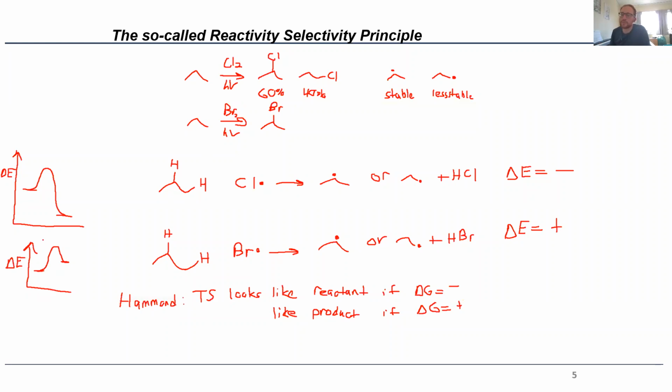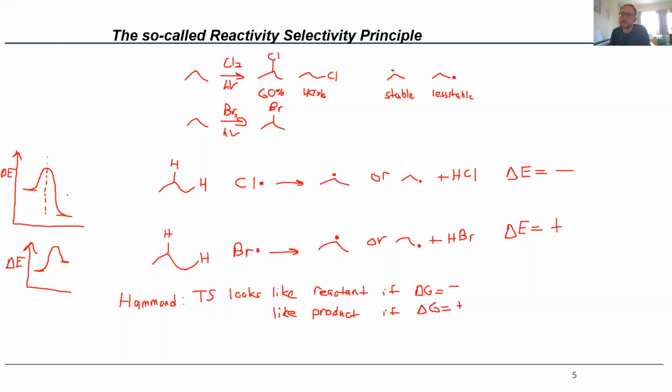When we draw transition states like this, we normally draw the transition state right in between the starting material and product, but in reality, according to the Hammond postulate, it actually lies somewhere in between them and not directly in the middle.